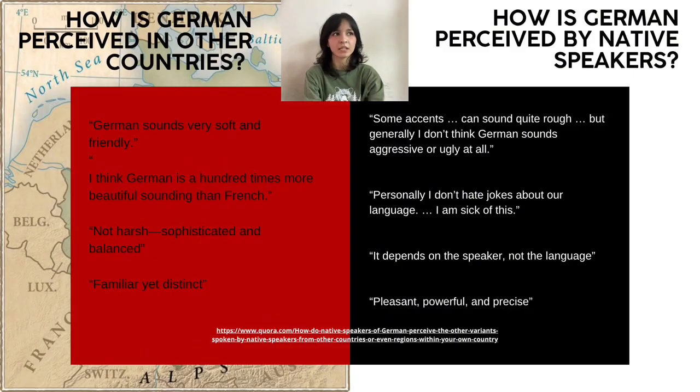And for the native speakers, they say it depends more on the speaker than on the language. So there are some accents that sound very rough, very aggressive, but in general they don't have a bad perception of their own language. They say it is powerful, it is strong, it is precise.